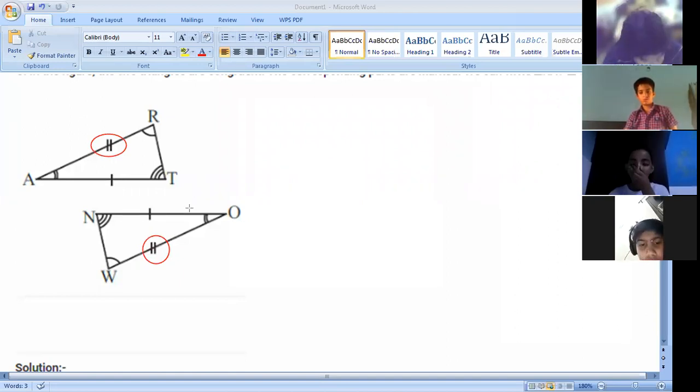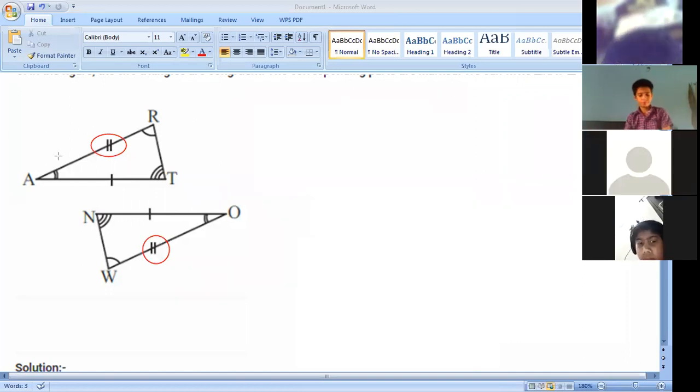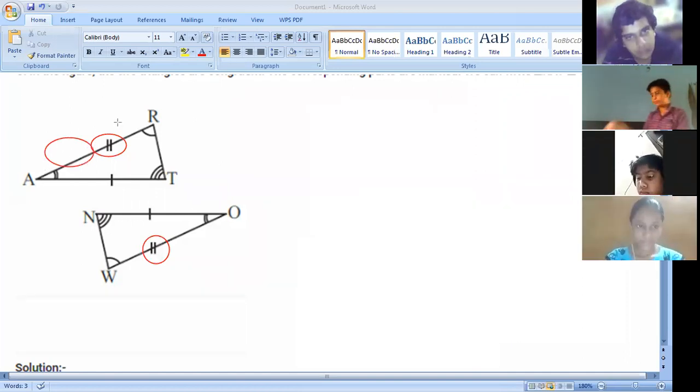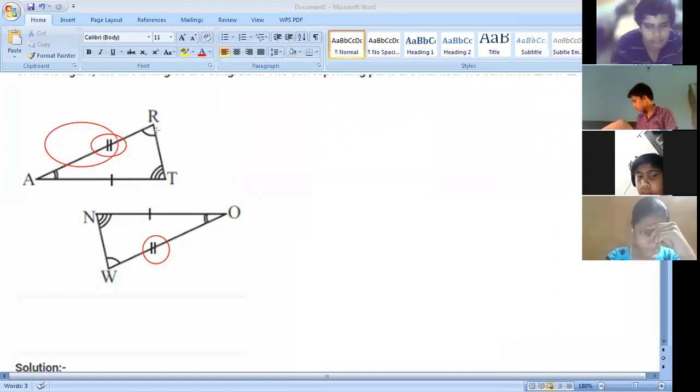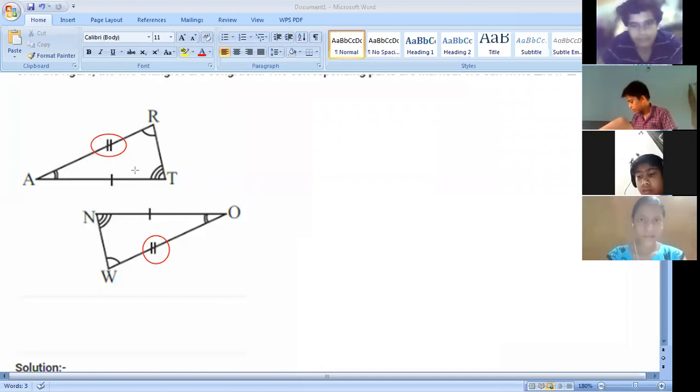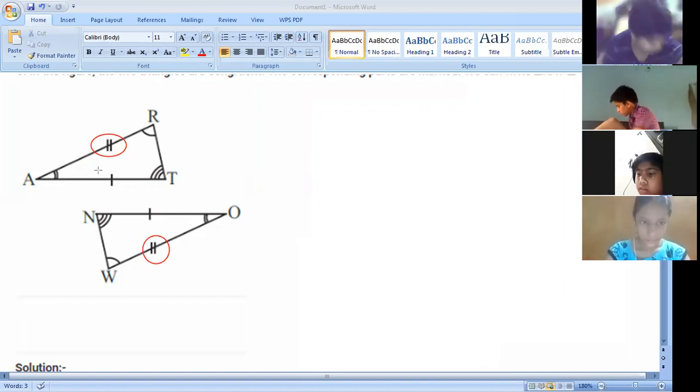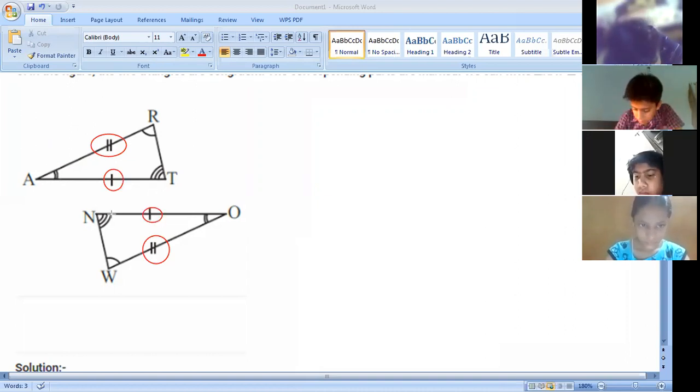You can see with the help of symbols. So this side, that means AR side, will be equal to WO side, according to the symbol. And AT side will be equal to NO side.